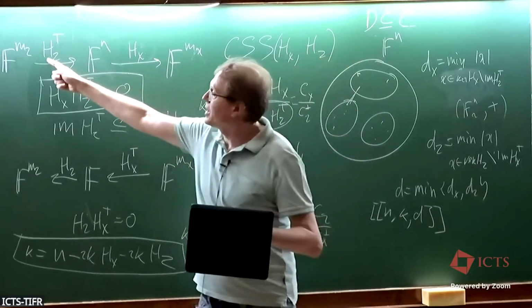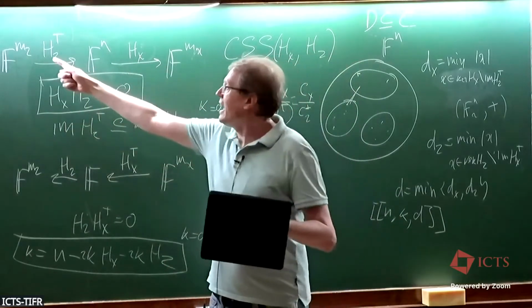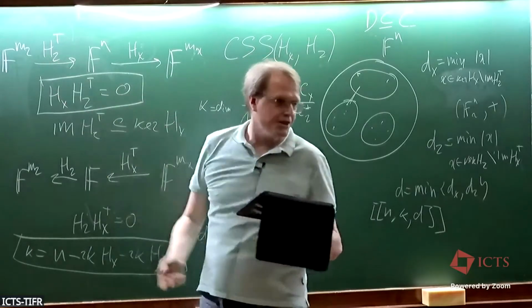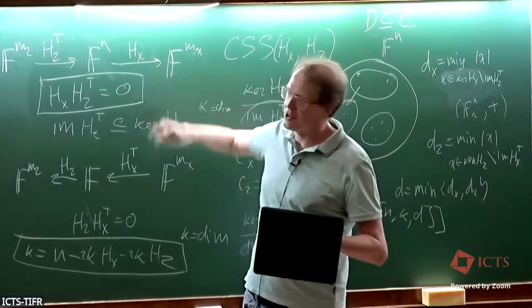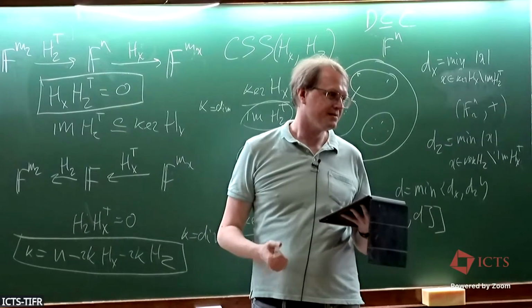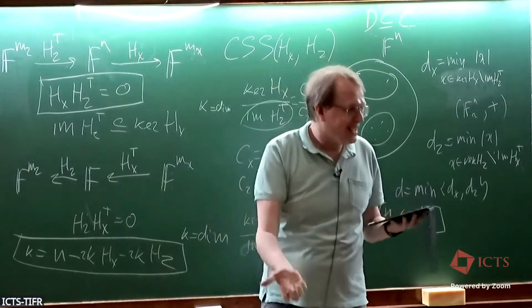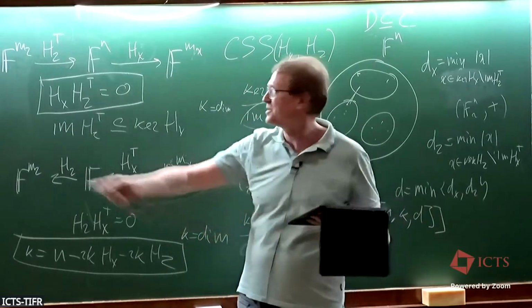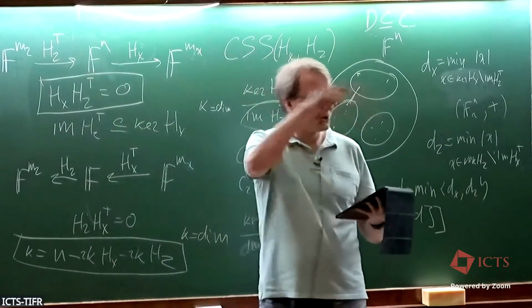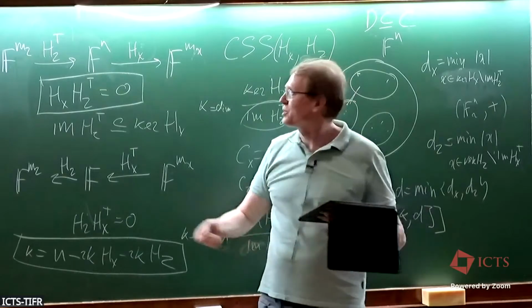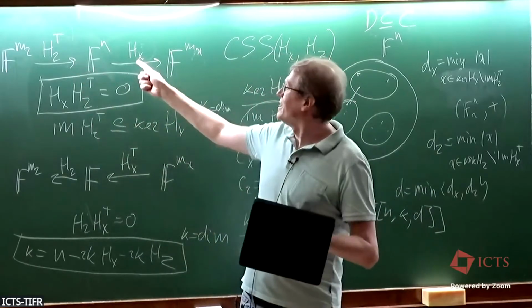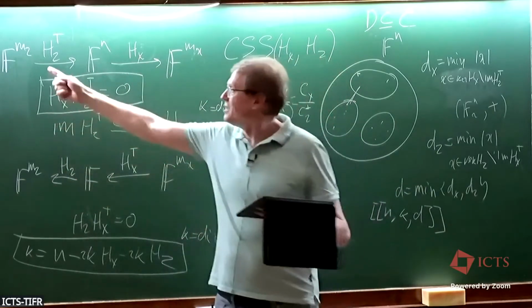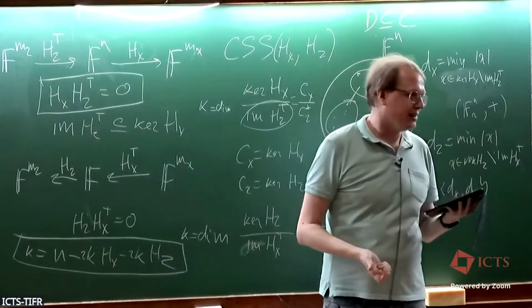But here we have a problem, since every row of HZ is a code word of HX. So this matrix cannot be sparse. Its rows should have a lot of ones, because if we choose this randomly, then we cannot use a sparse matrix here.